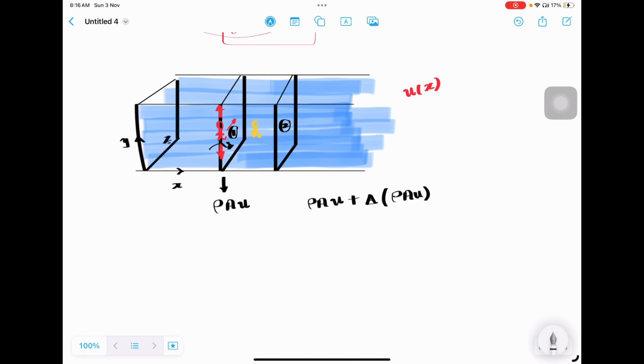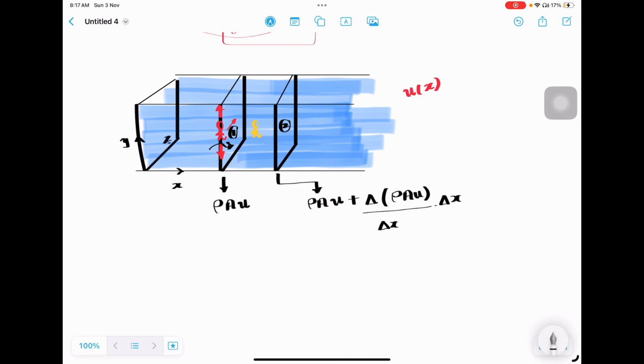Since I am putting a plus sign, you may think that there is a gain; if I put a minus sign, that can be a loss. So in general, I will just put a plus sign. I'm not doing any damage to this equation. So this is the quantity of fluid that is coming out, and this is the quantity of fluid that is coming in. There is a small change.